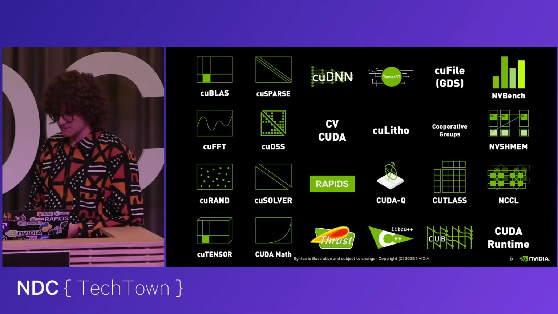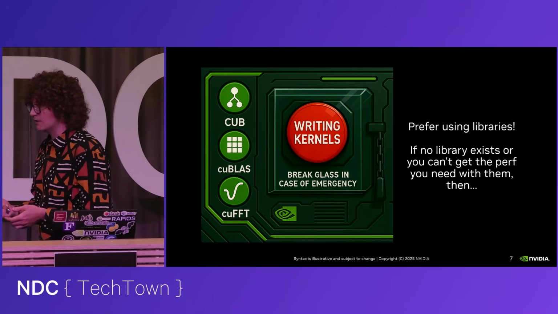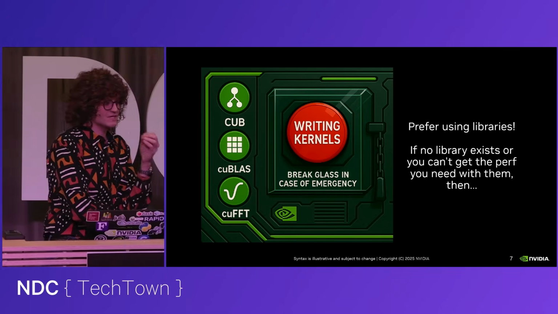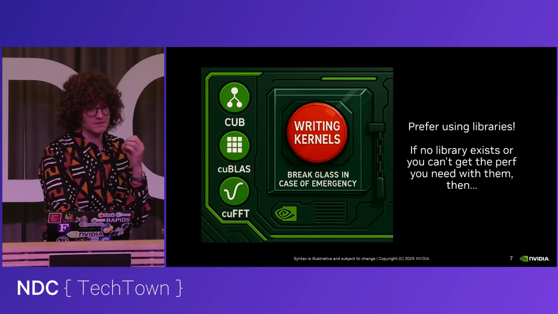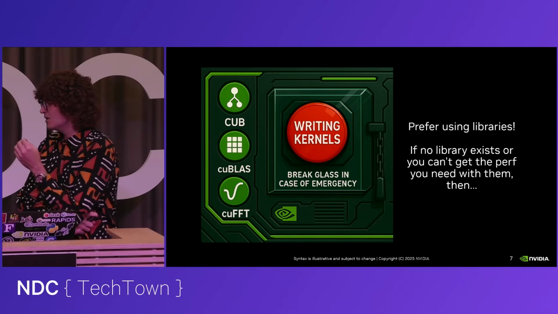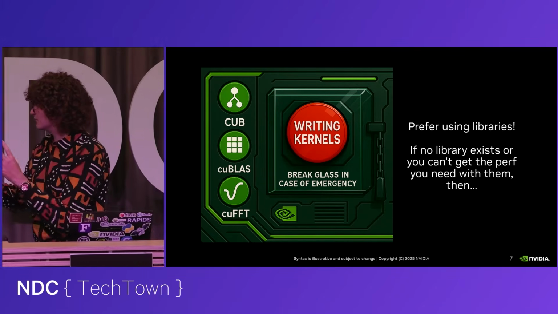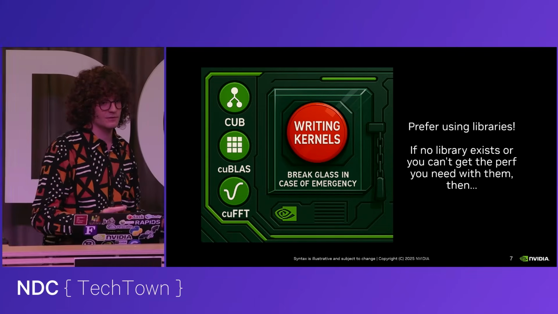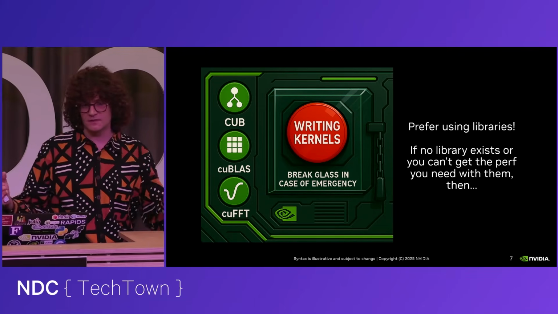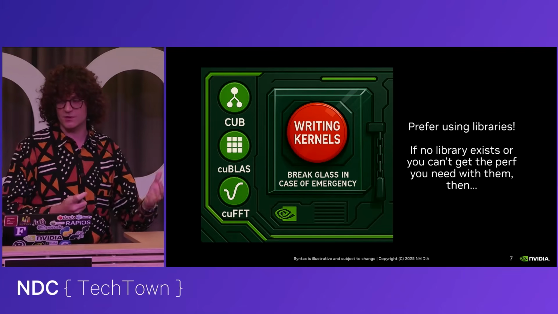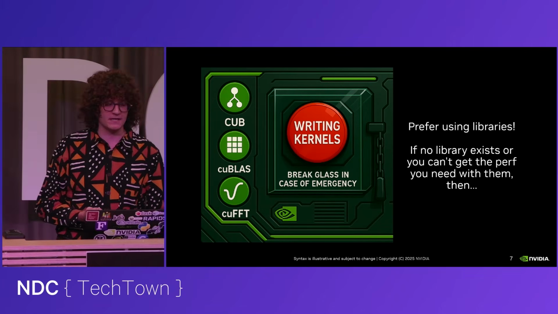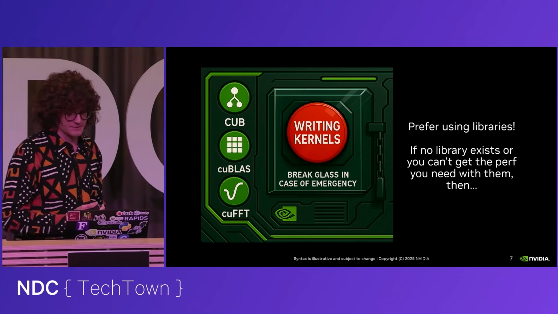But sometimes there's no library that does what you need, or you've tested and you've found that you just can't get the performance that you need with the libraries that do exist, or there are two different libraries that do two separate components of things that you need to do, but what you really need is for those two algorithms to be fused into one. And so that's when you should consider writing your own GPU kernels.